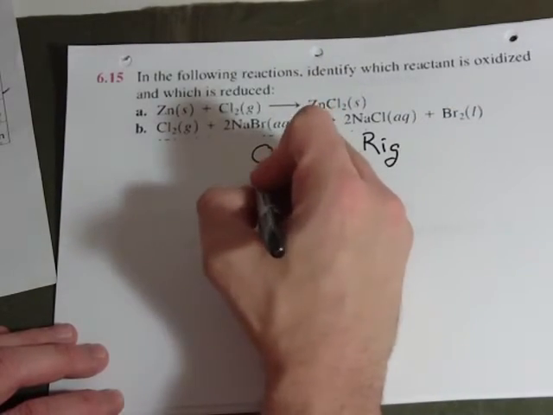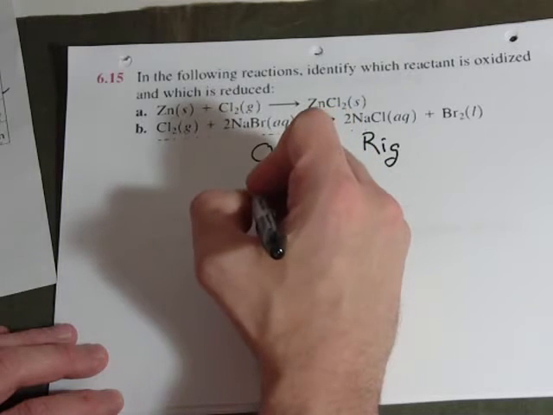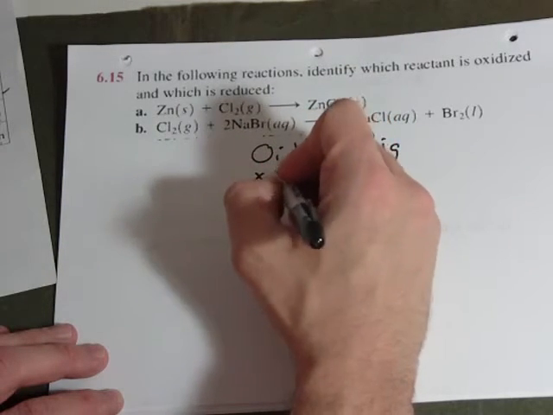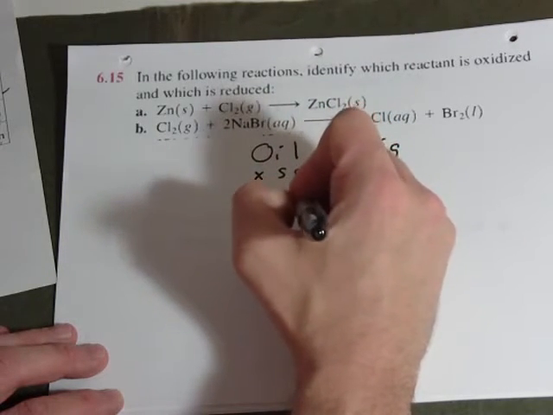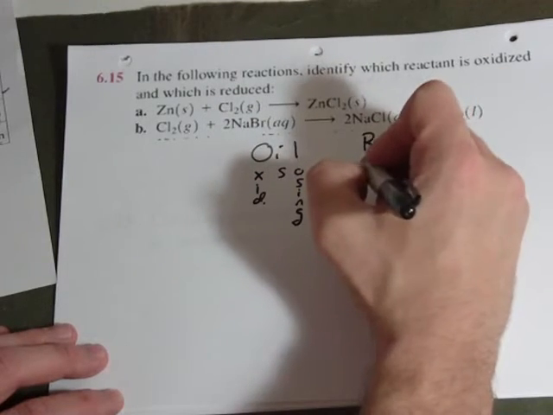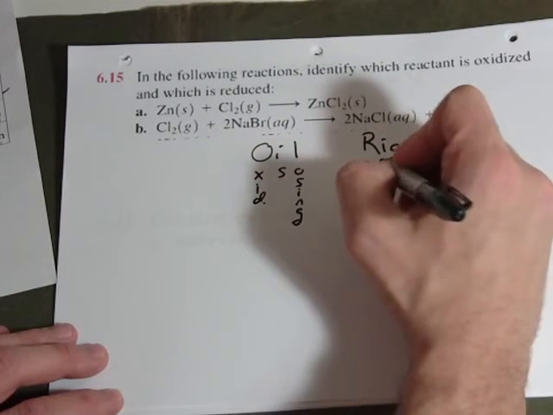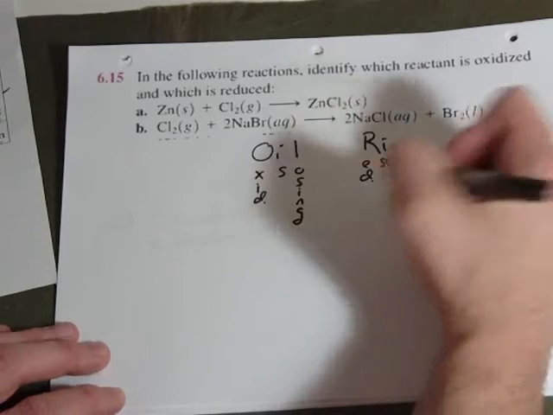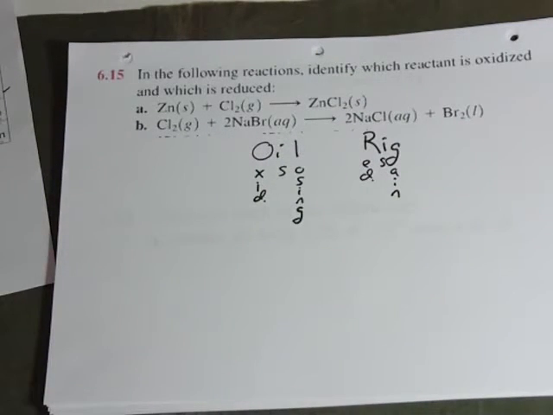So OIL: oxidation is losing. RIG: reduction is gaining. And so what they're referring to as losing and gaining is that we're losing electrons in oxidation.